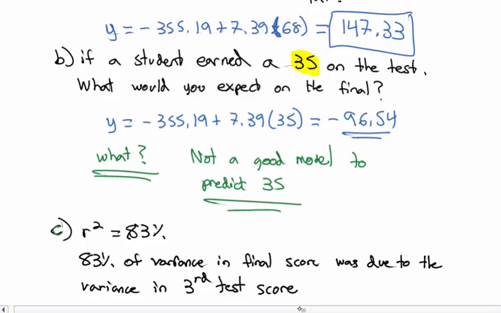I think that's kind of interesting that we can say 83% of the result is really based on what you got on the third test. The other 17% might be due to other factors, but pretty much 83% of the variance is based on your third test. Kind of neat that we can predict that with our data values.